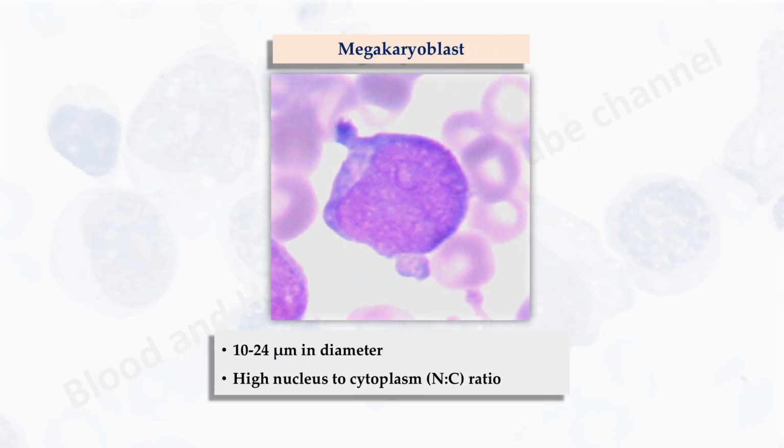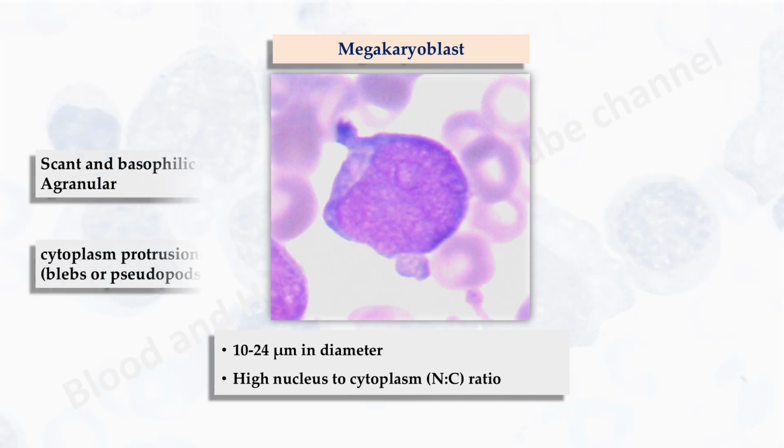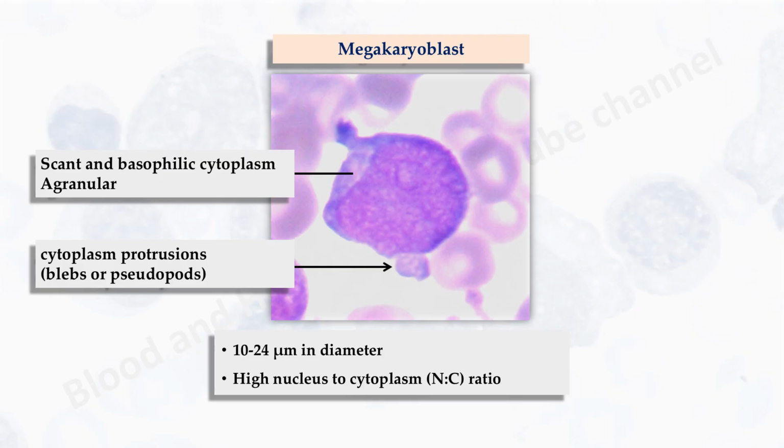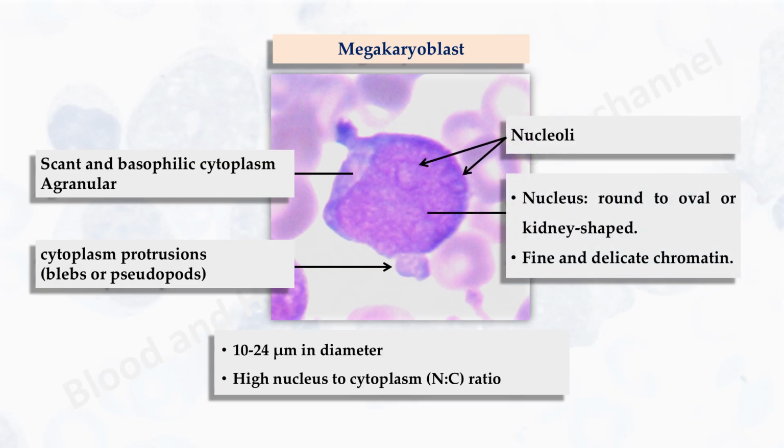Megakaryoblasts are about 10 to 24 micrometers in diameter with high nucleus to cytoplasm ratio. The scant cytoplasm is basophilic, non-granular, and often with typical protrusions, blebs or pseudopods, from the margin. The nucleus is round to oval or kidney-shaped, with fine and delicate chromatin and few prominent nucleoli.